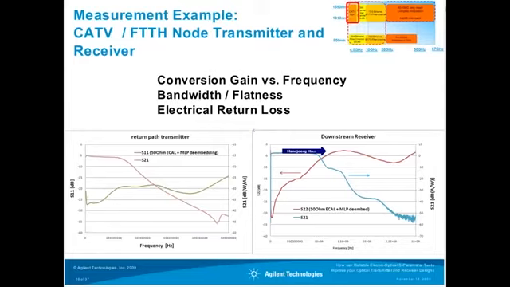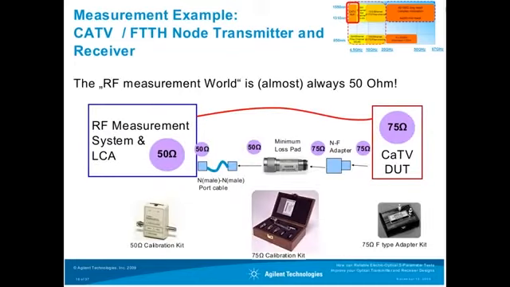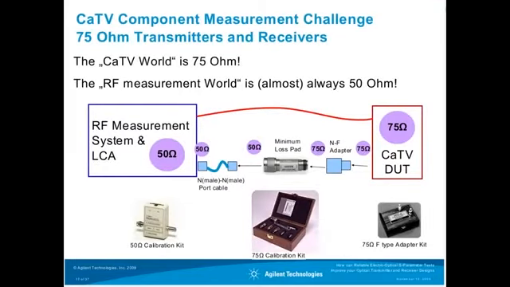optoelectronic component. Now let me address a few specifics of the cable TV world. The cable TV world, you might know, is basically a 75 ohm world. But on the other hand, the RF world is really a 50 ohm world.